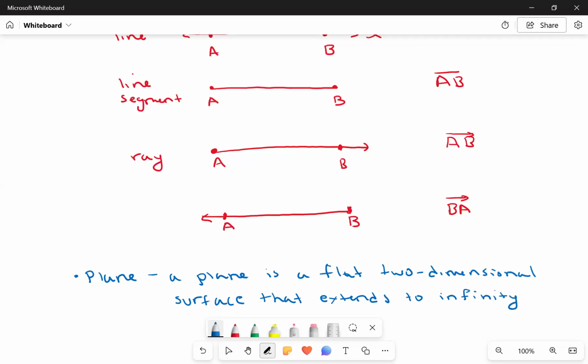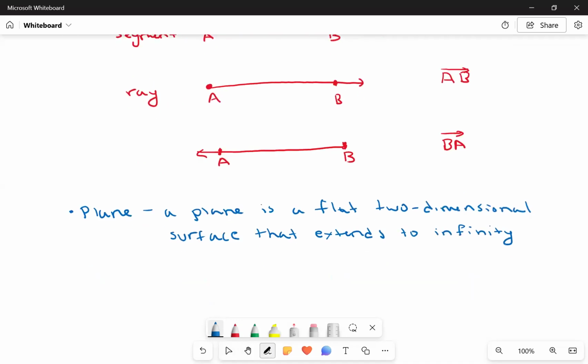And because it's two-dimensional, it has length and width, but no thickness. Or another word would be depth.